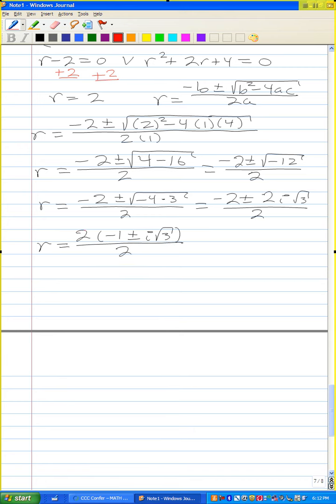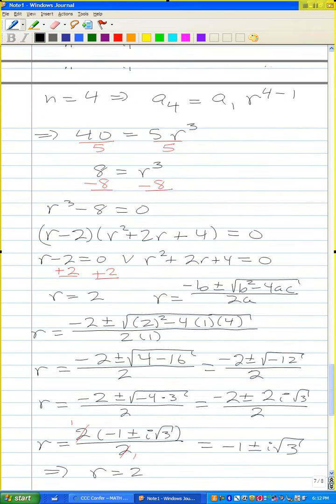So the 2's cancel. And so you get negative 1 plus or minus i radical 3. But you don't want complex common ratios because we only want to look at real solutions. And so r is just equal to 2.